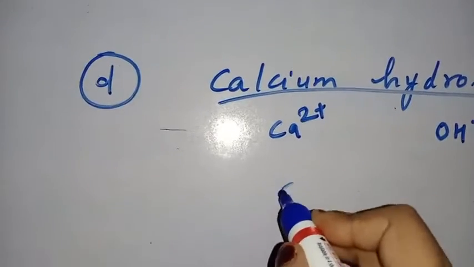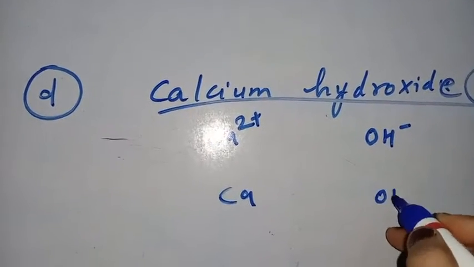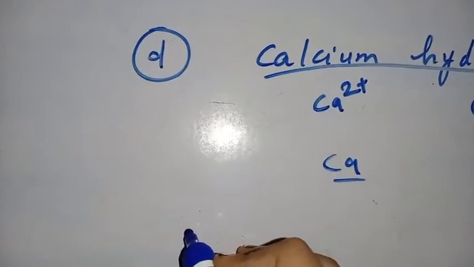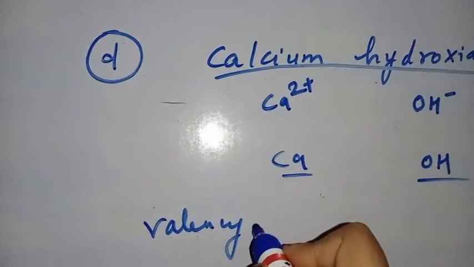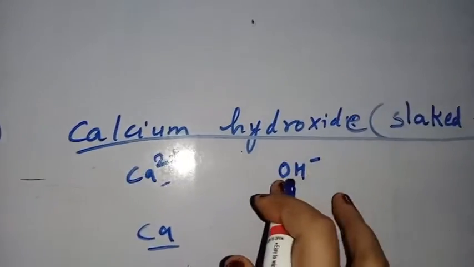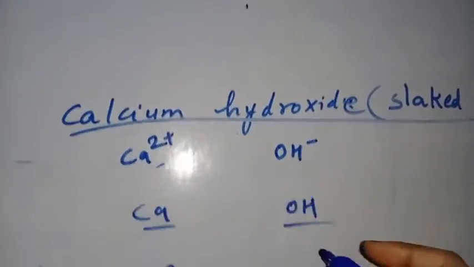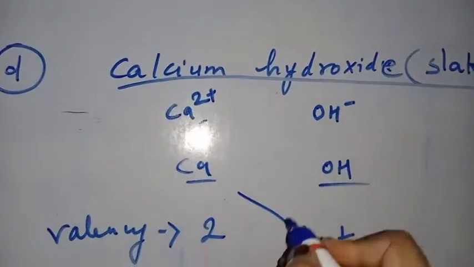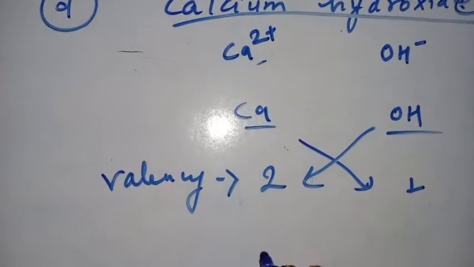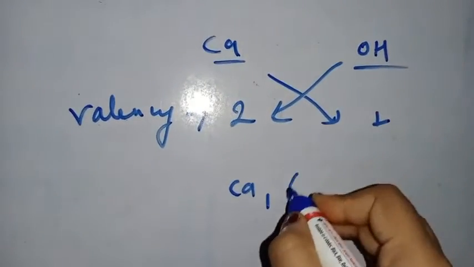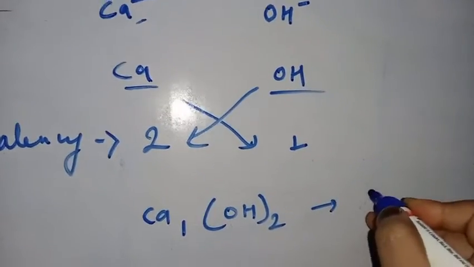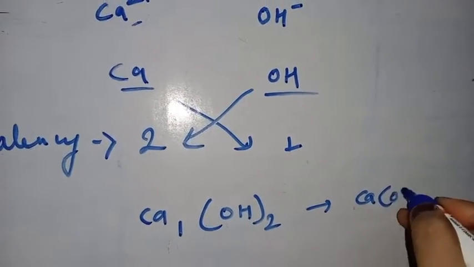So the ions are calcium and hydroxide, and the valency of calcium will be 2, and in hydroxide we have 1 negative charge, so the number will be 1. We criss-cross and we will get Ca1 (OH)2, which can be written as Ca(OH)2.